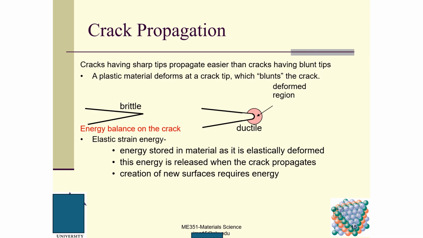This energy is released when the crack propagates, and the creation of new surface requires energy. As I told my students many times, all the physical and mechanical systems in the universe have the tendency to minimize the potential energy of the system, because the state with minimal energy is more stable.